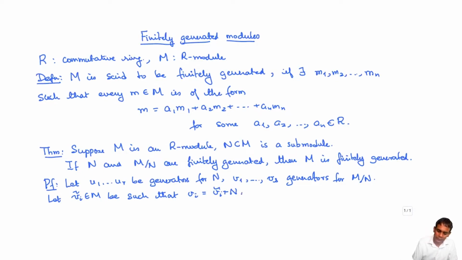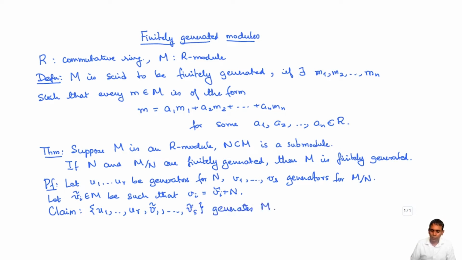Then I claim that this set, you take u1 up to ur, and then you take v1 tilde up to vs tilde, this generates M. So what do I need to show?